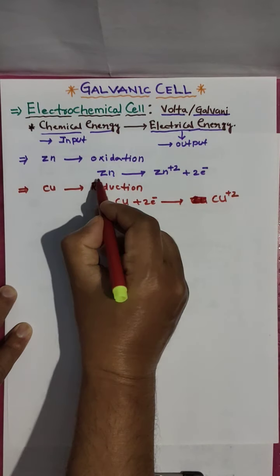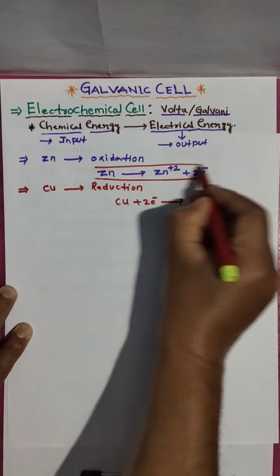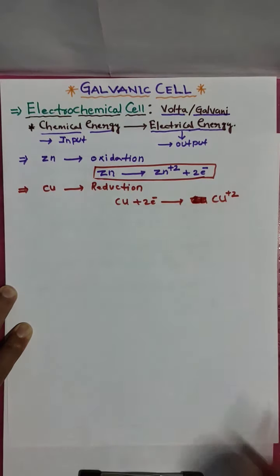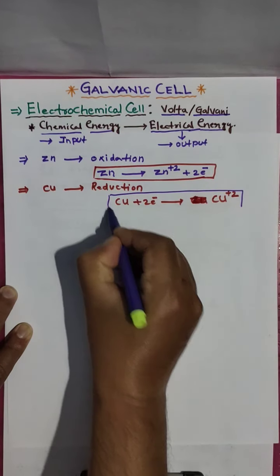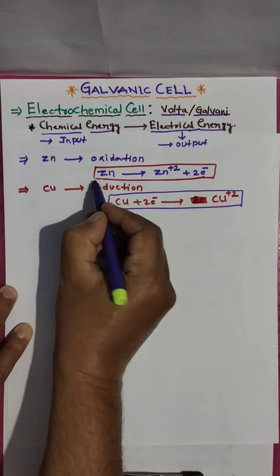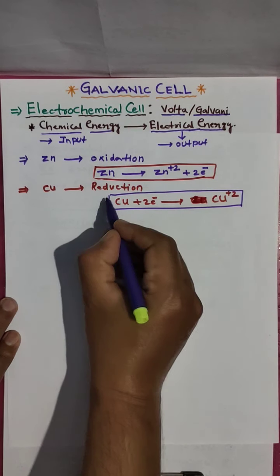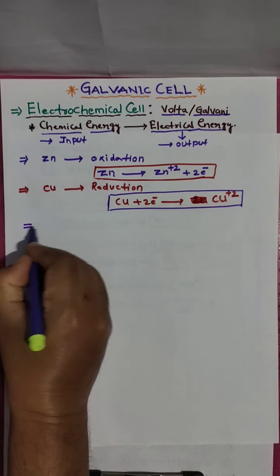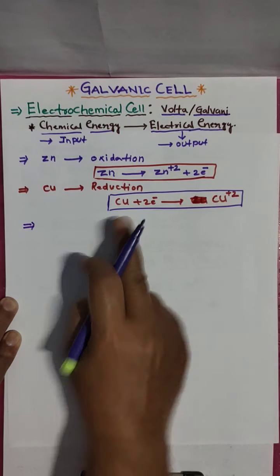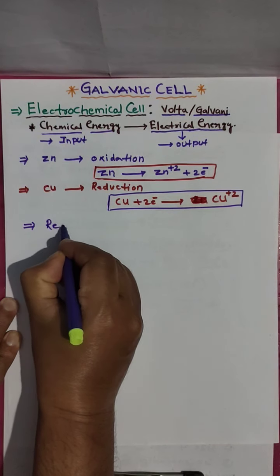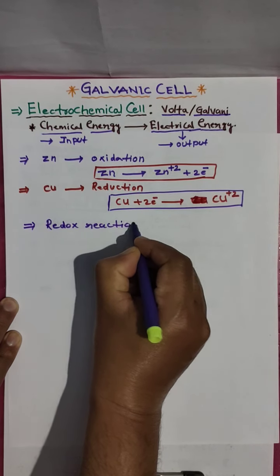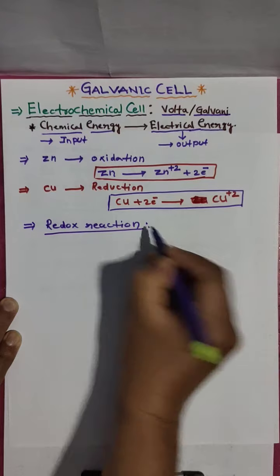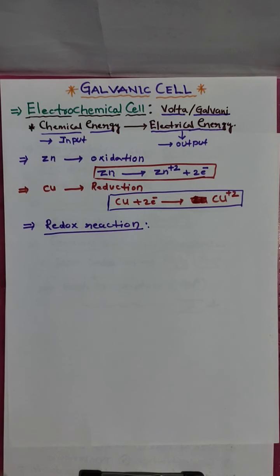So this we are calling oxidation and this we are calling reduction. This is one half cell, this is one half cell. Two half cells are present. Here oxidation and reduction both take place. That's why we are calling this a redox reaction. Redox reaction means oxidation and reduction both take place simultaneously.